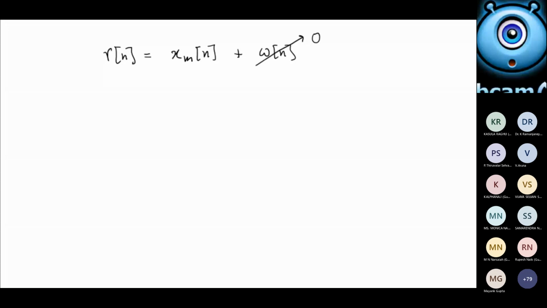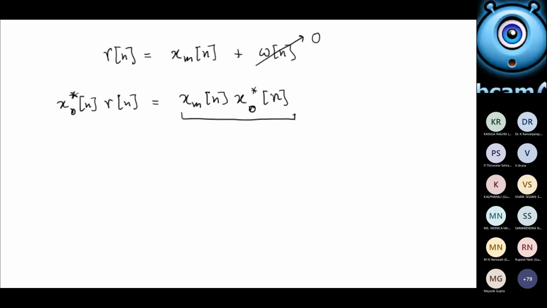Then take this signal R of n and multiply it with the sampled version of the complex conjugate of the 0th symbol or the basic chirp. That would give us xmn times x0n conjugate, but this quantity is nothing but the quantity Vmn that we just considered.